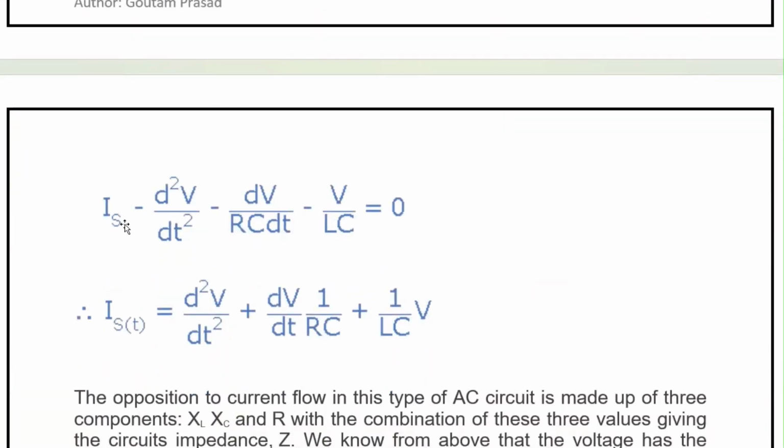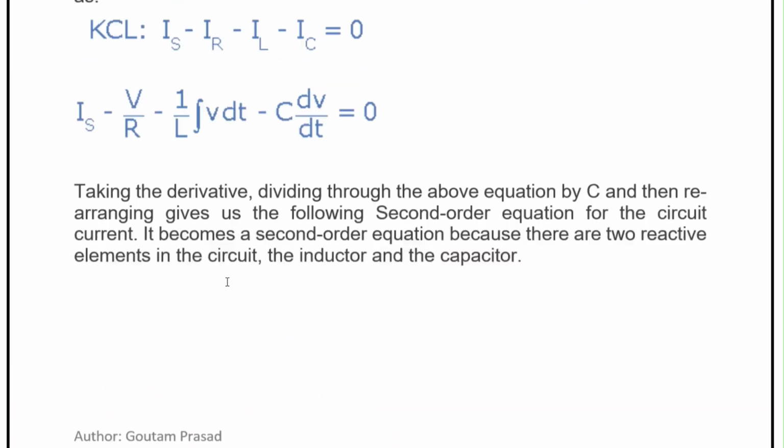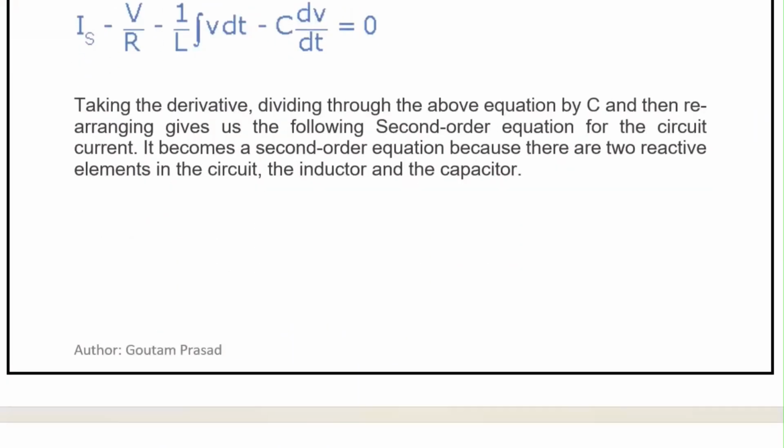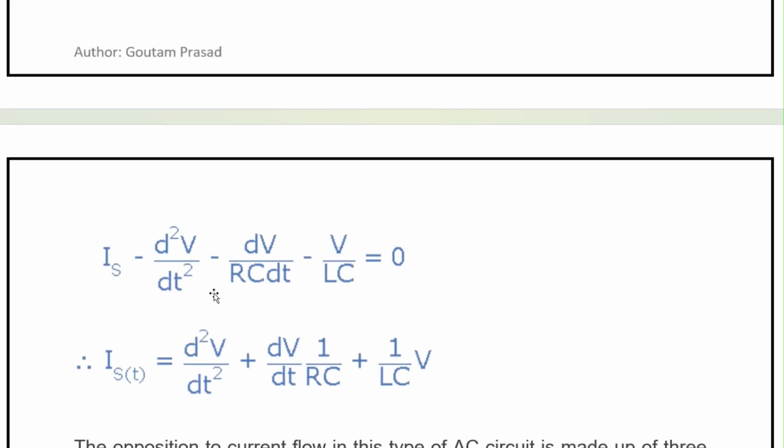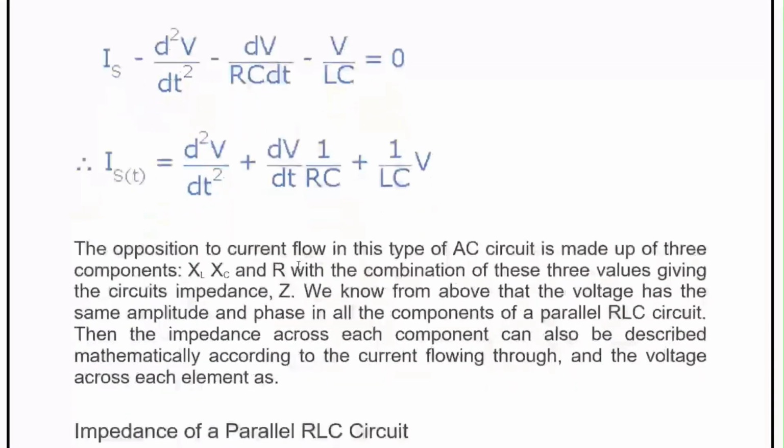So Is minus d2v by dt square, just a minute, Is minus d2v by dt square minus dv by RC dt minus v by LC will be 0, and this ends up with Is equal to the instantaneous value d2v by dt square plus dv by dt into 1 upon RC plus 1 upon LC.